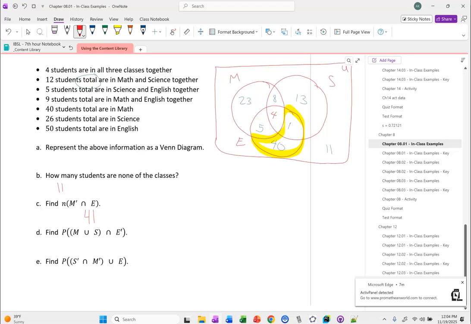Okay. P of M union S intersect E complement. Who wants to do that one? What's the P out front mean?